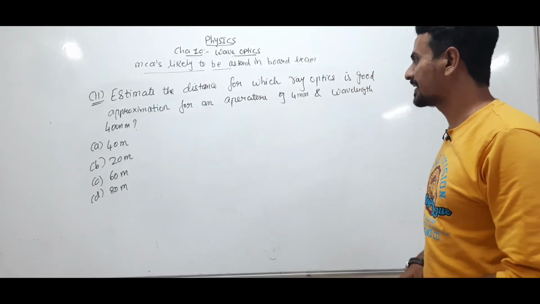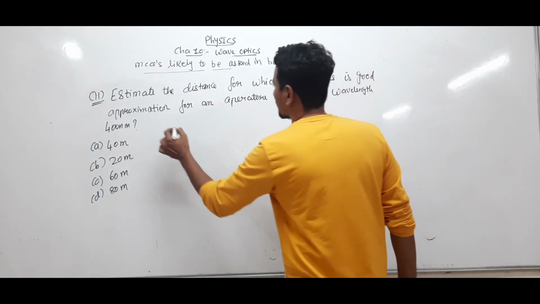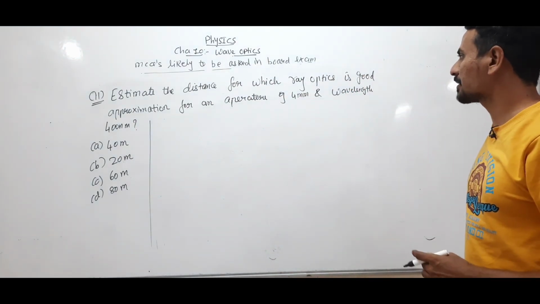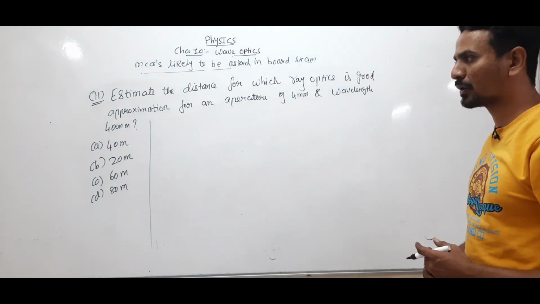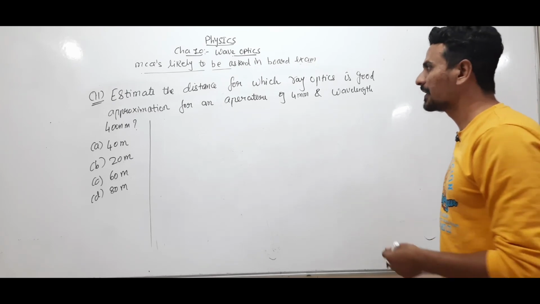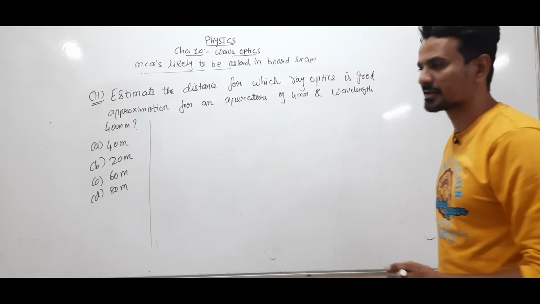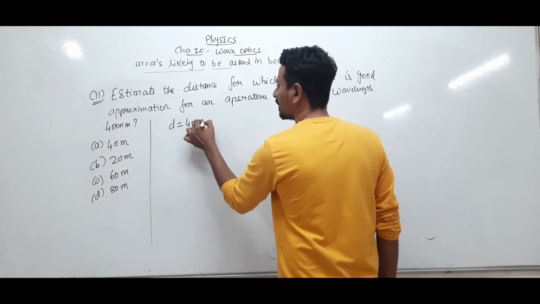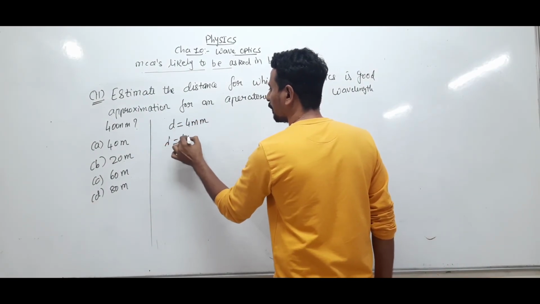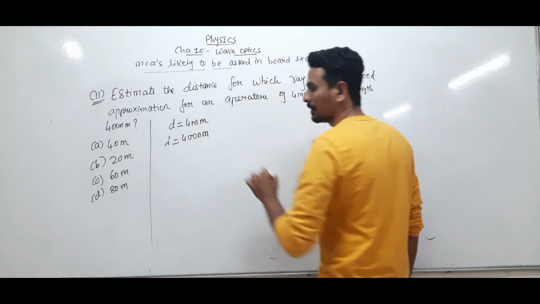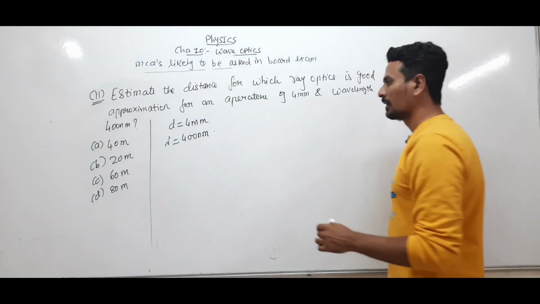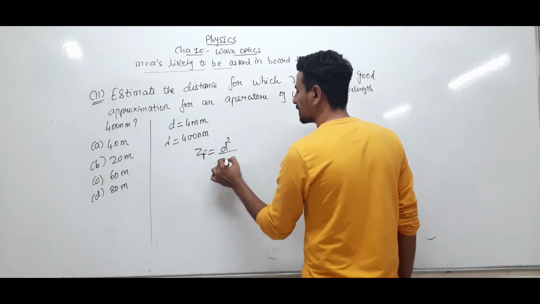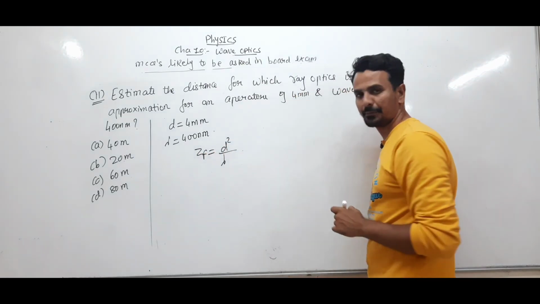11th one. Estimate the distance for which ray optics is a good approximation for an aperture of 4 mm and wavelength 400 nanometer. That means we have to calculate the Fresnel distance. D is equal to 4 mm and lambda is equal to 400 nanometer. For Fresnel distance, Z f is equal to D square upon lambda.